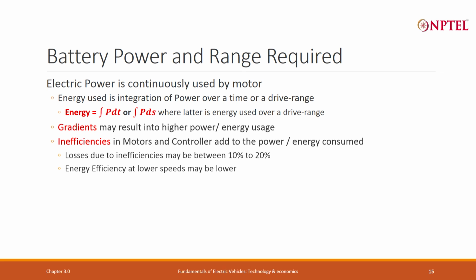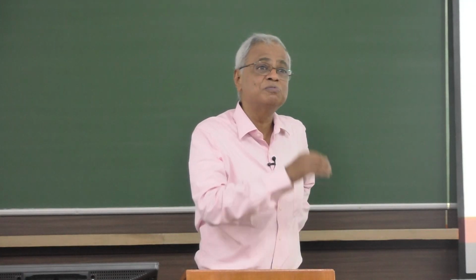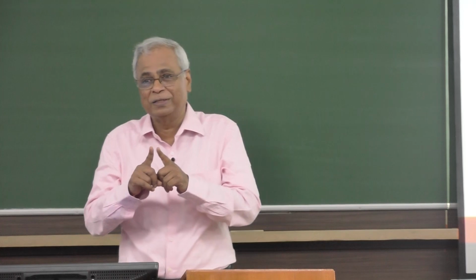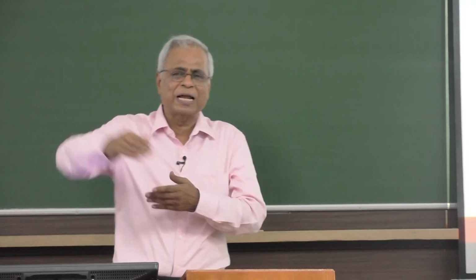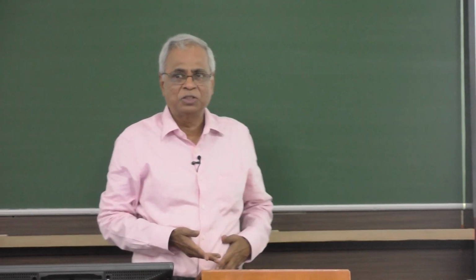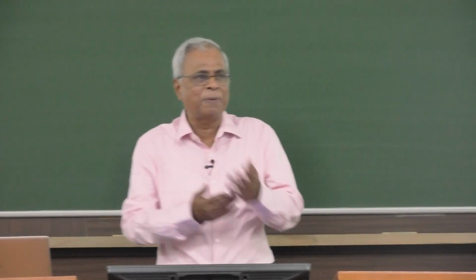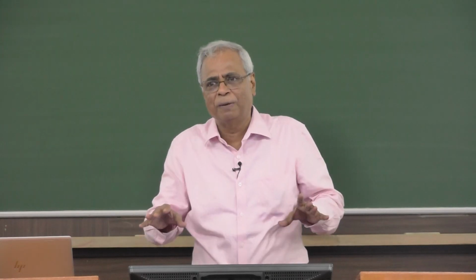But if I drive at 30 km per hour or 25 km per hour, the energy consumed per kilometer is much higher. I am talking per kilometer, I am not talking per time. Of course, at higher speed I will consume more energy. At higher speed you are supposed to have higher power and higher energy. I am not talking about that.